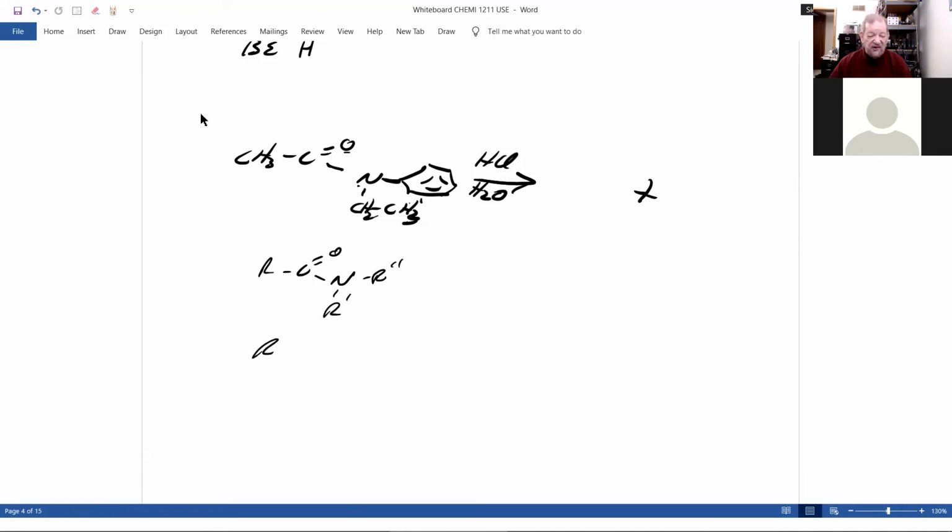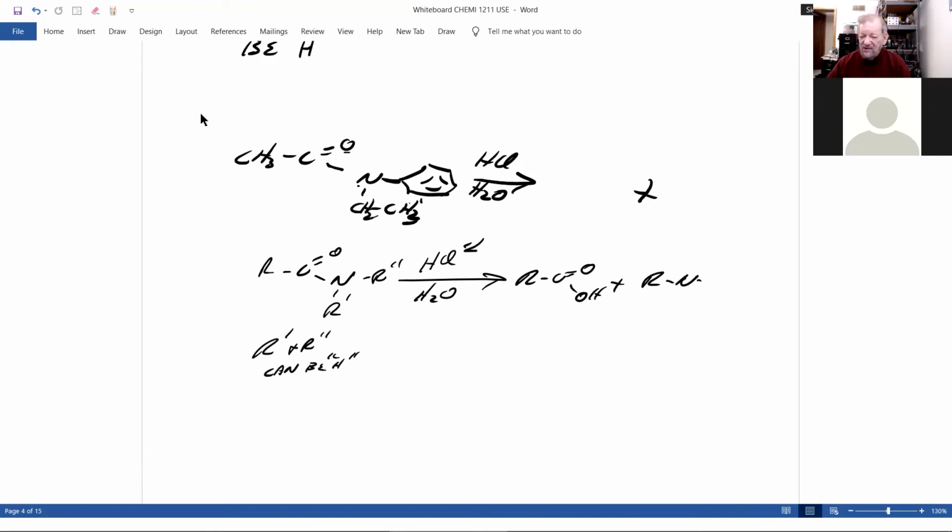Now remember, this is an amide, so R prime and R double prime can be, but in our case it isn't, hydrogen. And when you react it with acid and water, what do you get? You get back the carboxylic acid you would have used to make that amide, plus not the amine, because you're in the presence of acid, you get the amine salt.